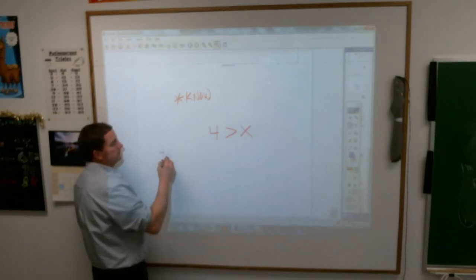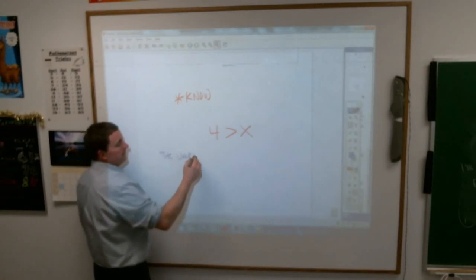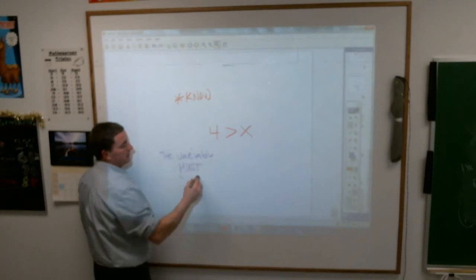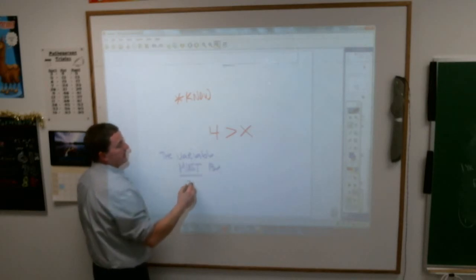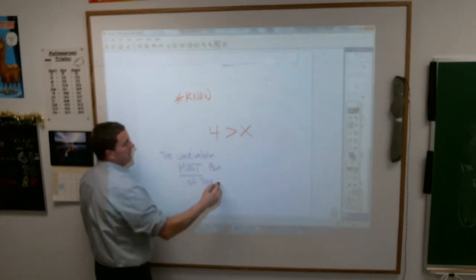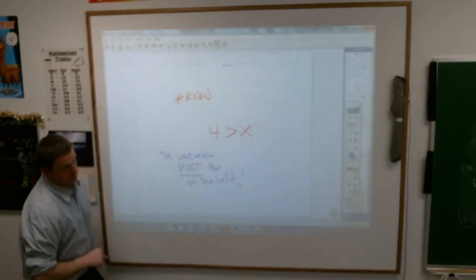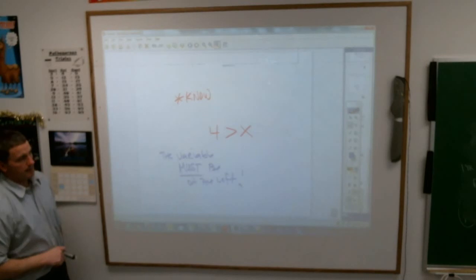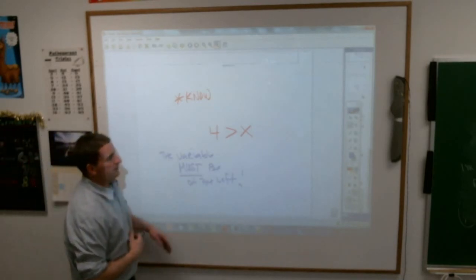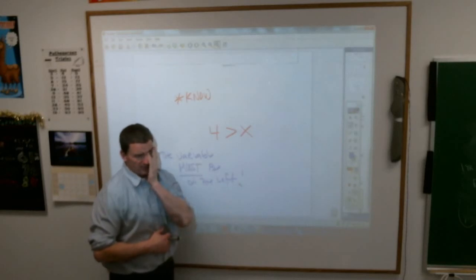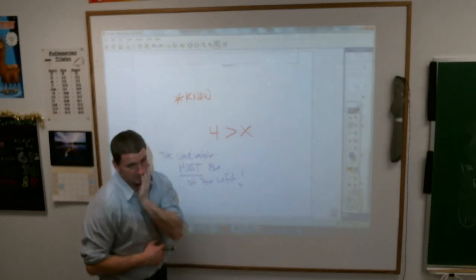The variable must, M-U-S-T, be on the left. Never will you read this as 4 is greater than x. We always want the x to be first.